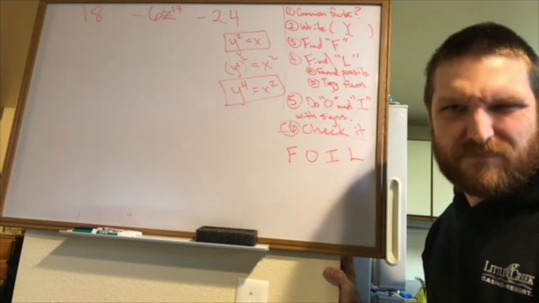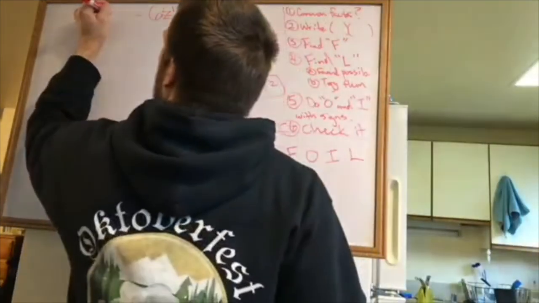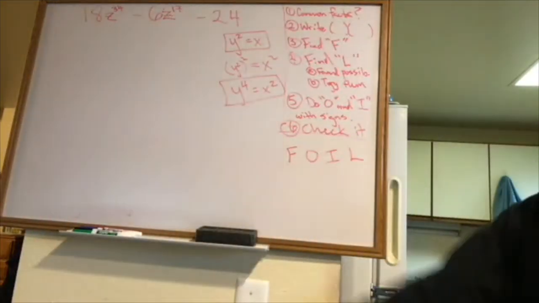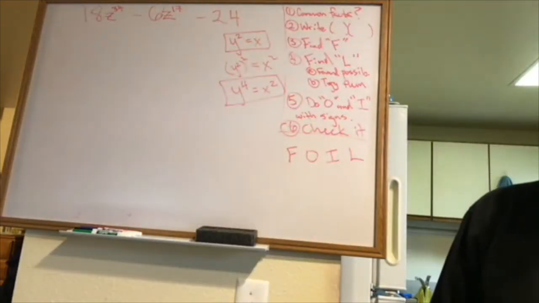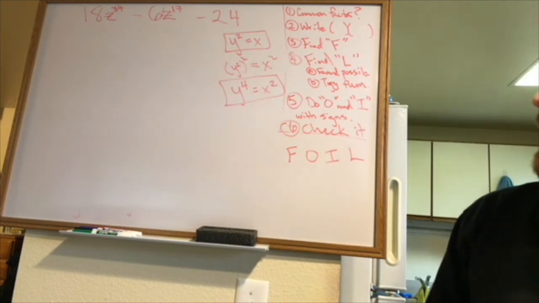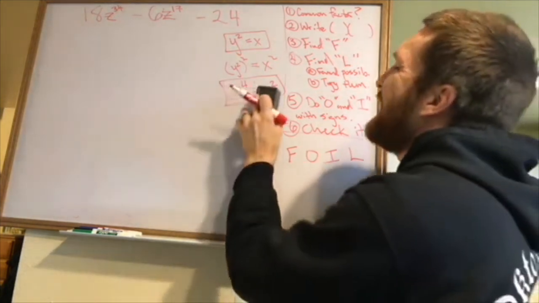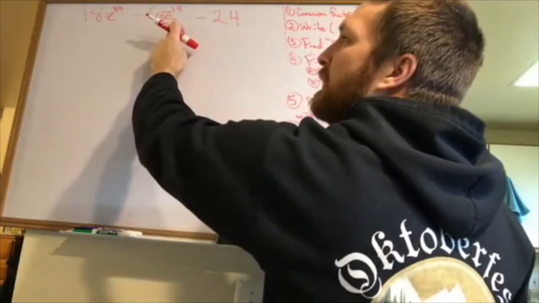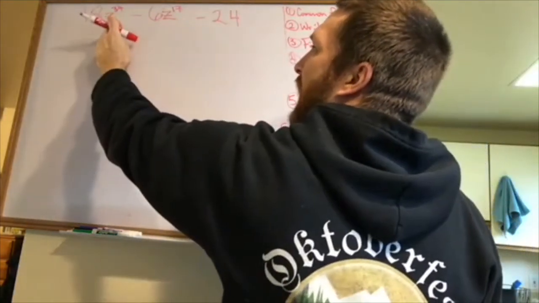Z to the 34 is a quadratic in disguise. It doesn't look like it. And when I look at that, I go, oh man, I can't do that. But then I say, wait a second. This thing right here is 1/2 the power of that thing.